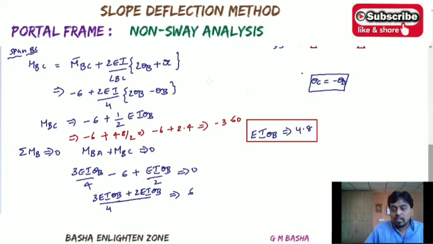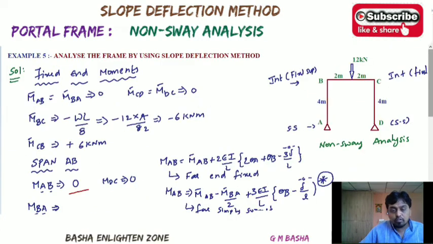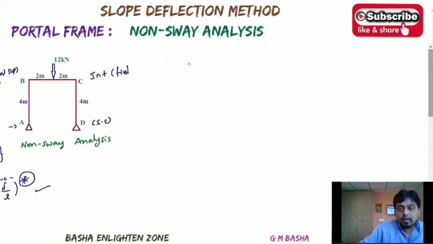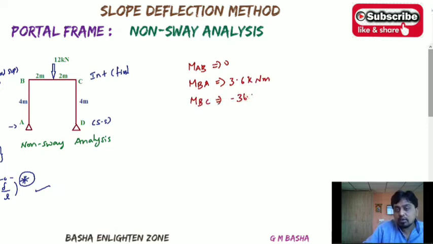So based on this, you will get the moments: MAB equal to 0, MBA will be equal to 3.6 kilonewton meter and MBC will be equal to minus 3.6 kilonewton meter.